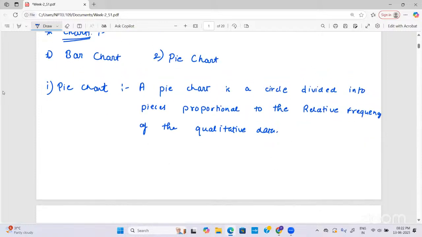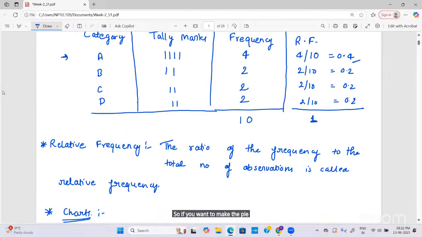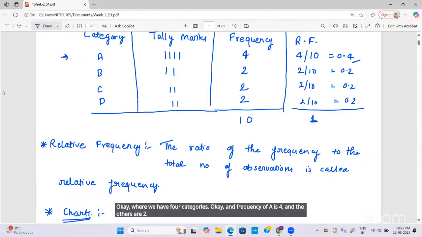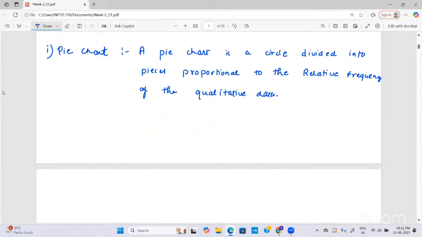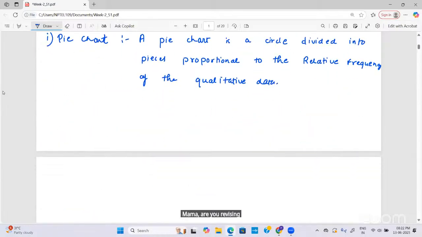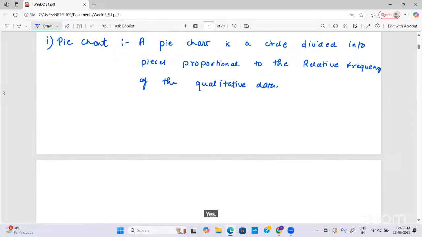So if you want to make the pie chart of this data set, where we have 4 categories, and the frequency of A is 4 and the others are 2. We will discuss all the topics of week 2.